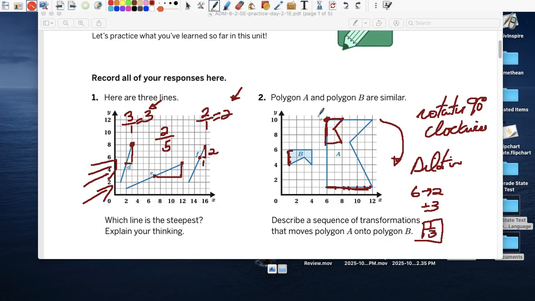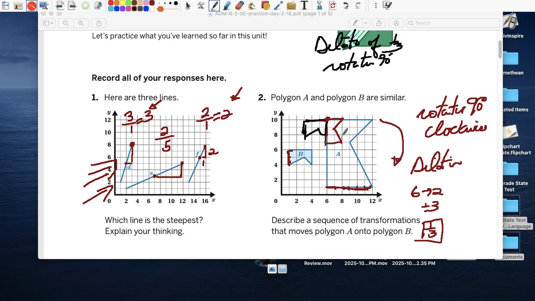Dilate that. Let me change colors. 1, 2, 3. 1, 2, 3. Yeah, dilate like this. Okay, so your K would be like this, right? So let me put it in order. Dilation of 1/3, rotation of 90 degrees, right?